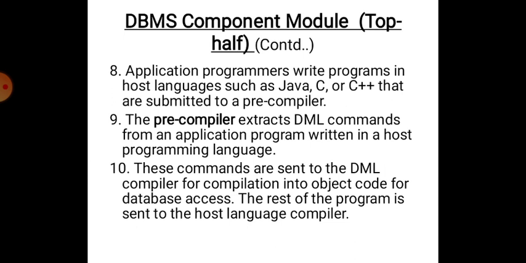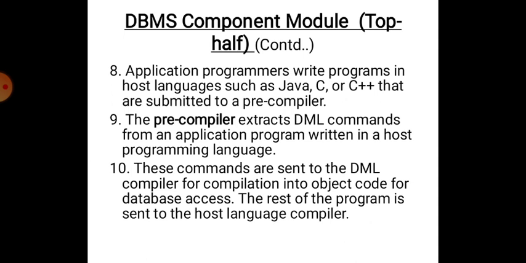Point number 8, continuing with the upper half. Application programmers write programs in the host language such as Java, C, or C++ that are submitted to the pre-compiler. Point number 9. The pre-compiler extracts DML commands from the application program written in the host programming language.